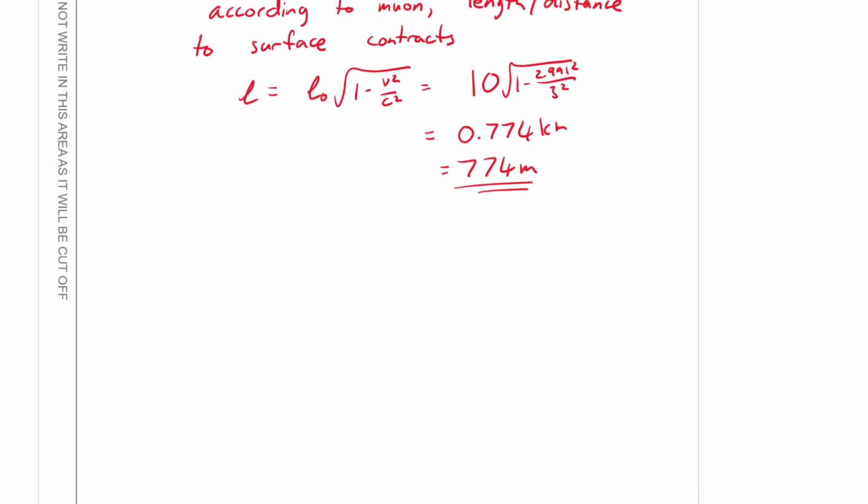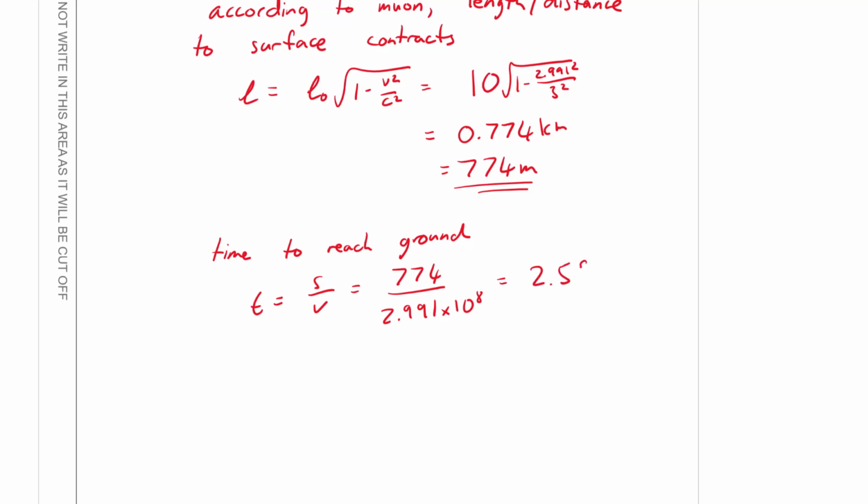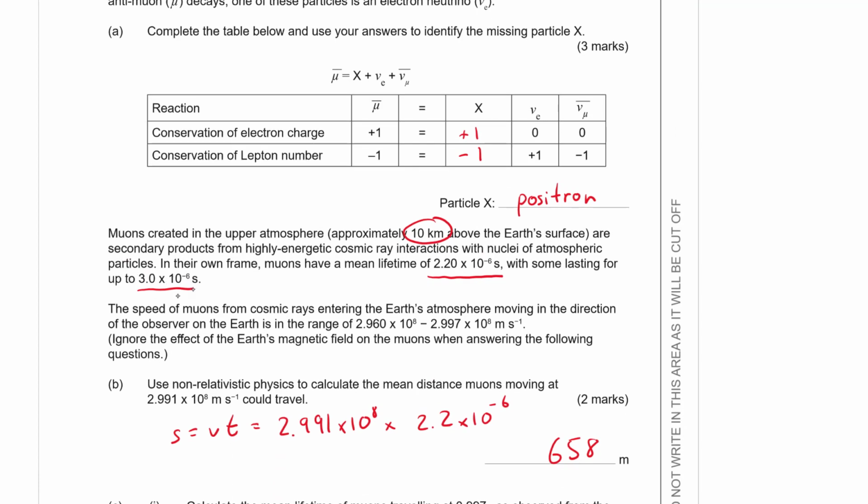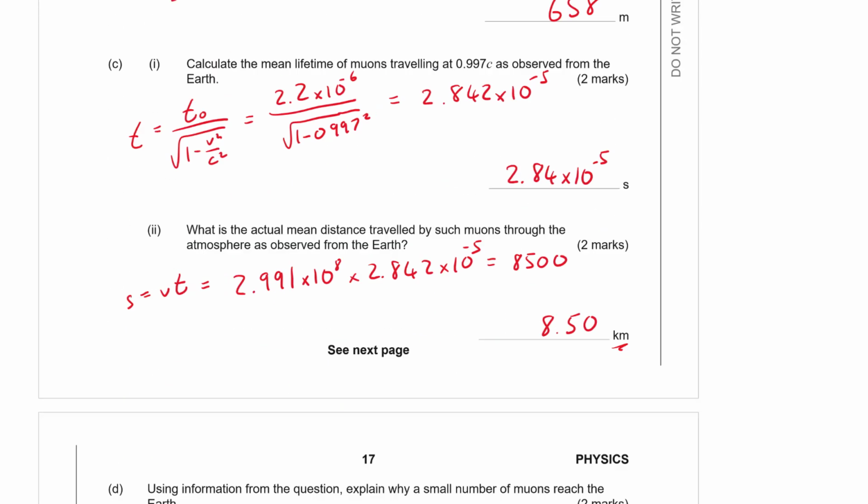So the amount of time that I have to get there, basing it on that mean speed, according to the muon, I can just rearrange that equation, s = vt, and I end up with 2.59 times 10 to the negative 6 seconds. So if you remember, some of them have a lifetime of 3 times 10 to the negative 6 seconds, right?